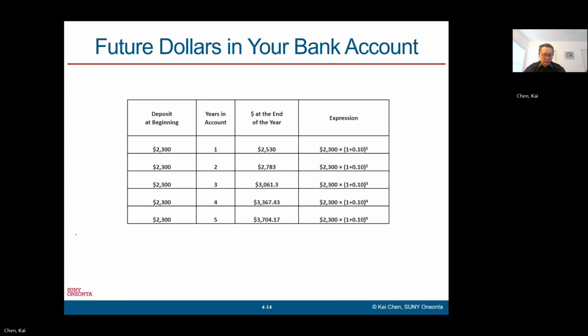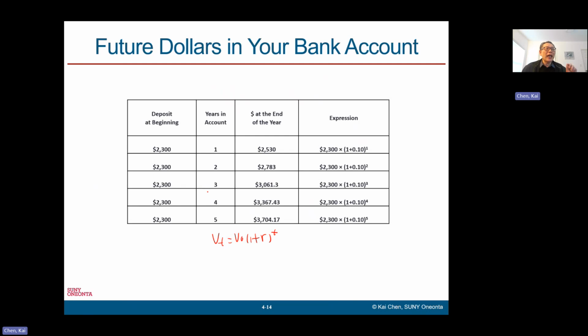We have VT equals V0 times 1 plus R raised to the power of T. If we know the beginning value, the growth rate, and the T, we can find out the future value at any year. Okay, this formula is very important. We're going to use this formula in finance circumstances.